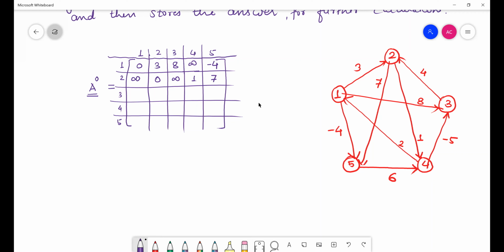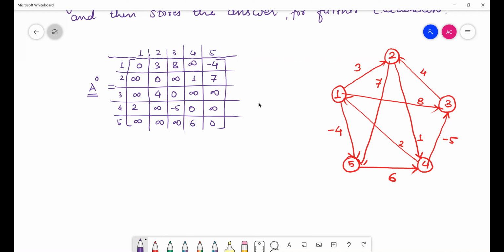And if you are not able to find out why these values are written, please ask me. I'm writing them just to save time now. Everybody got this matrix? Yes, sir.